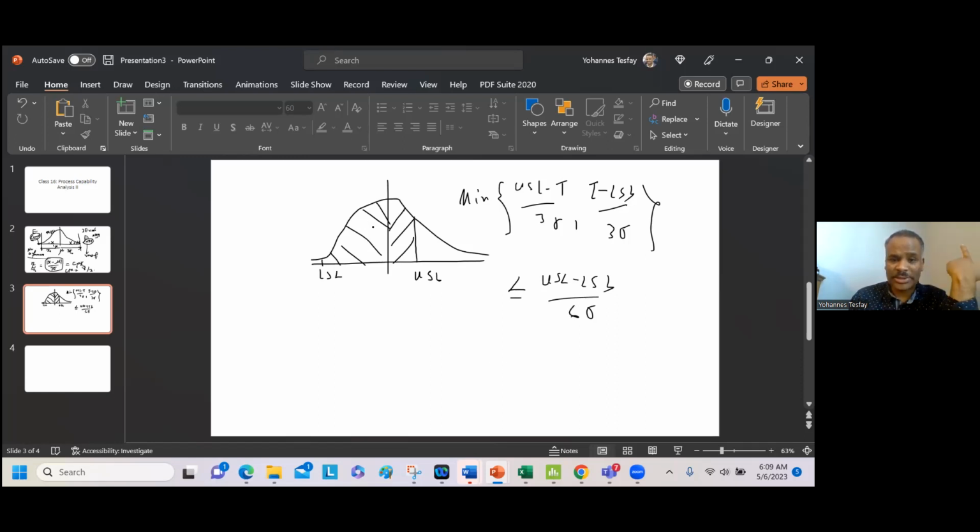Therefore, CPK is always less than or equal to CP, because this is CP and this is CPK. So those are the things that you need to learn.